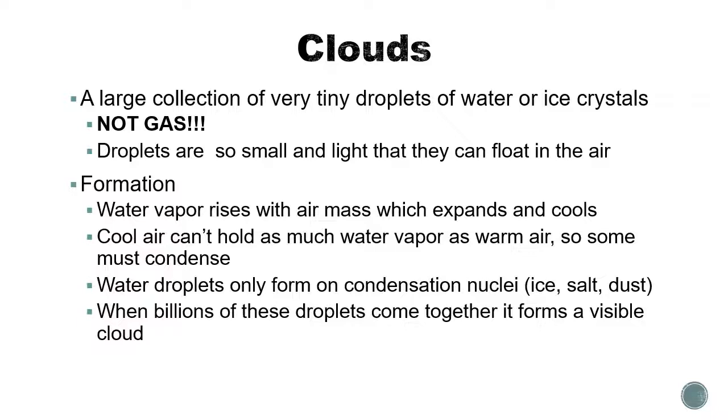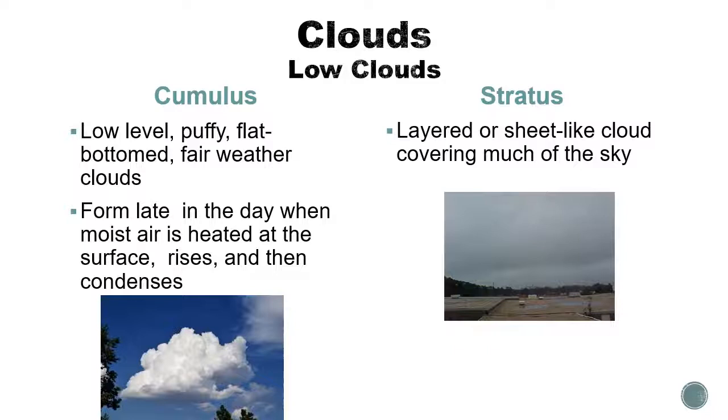Now, before we had radar and all of our little gadgets of the modern age, we used to be able to tell our weather by the clouds that were in the sky. So, our low clouds, ones that are seen very low in the sky, we're going to have our cumulus clouds.